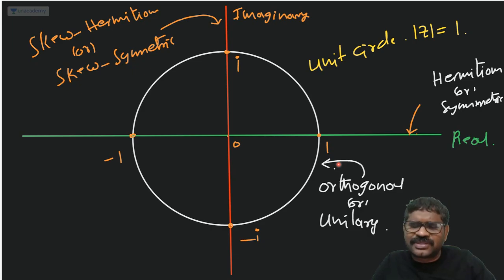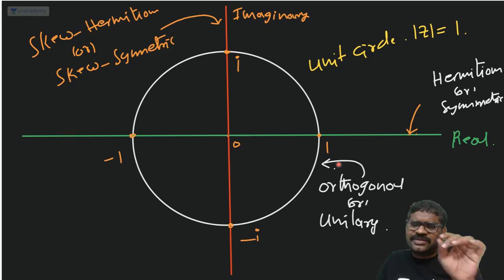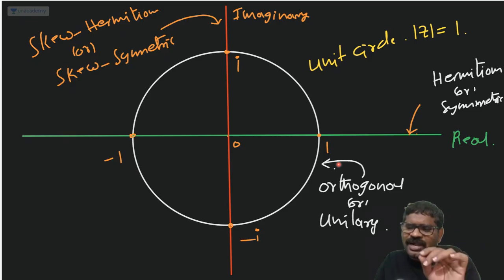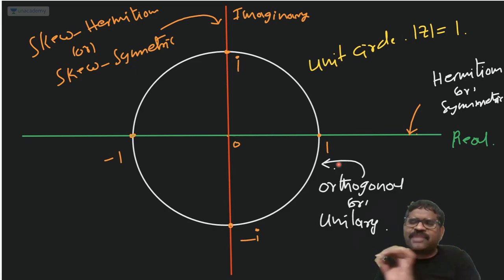Because sometimes in previous GATE papers, you observe a question like: 1 plus i, or 1 by 2 plus i root 3 by 2, is an eigenvalue of which of the following matrices? Option A, unitary. Option B, singular.